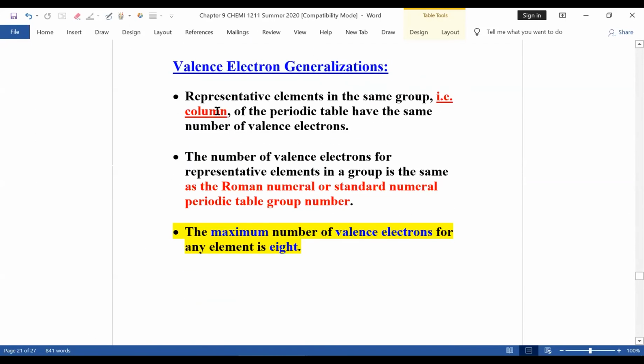Now, valence electrons are the number of the group column in the periodic table. You see that as a Roman numeral or a standard numerical number. And the maximum number of valence electrons any element can have is 8. So the key thing here is to look at the top of the periodic table. Either the Roman numeral or the standard numeral gives you how many valence electrons.